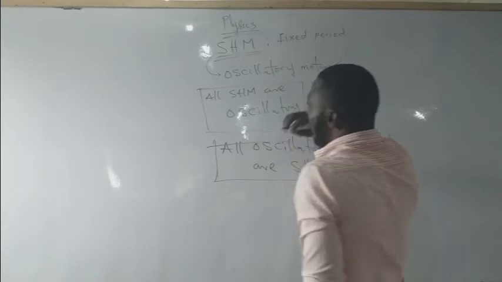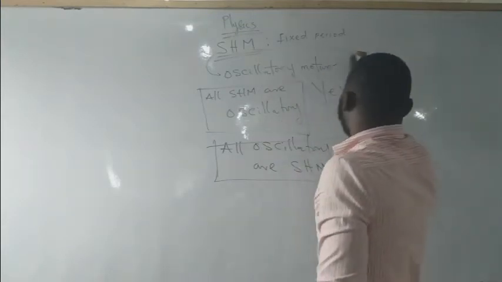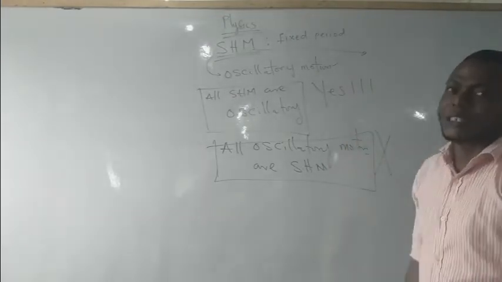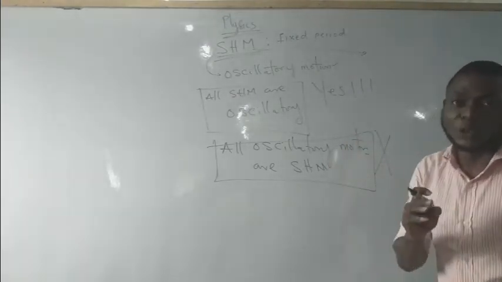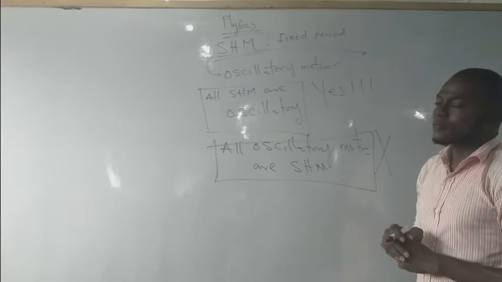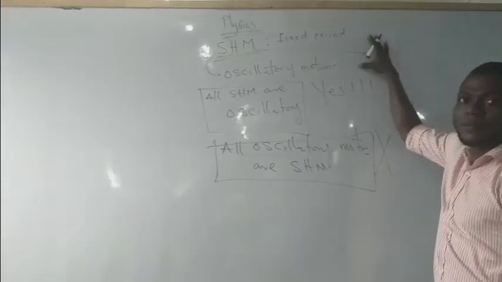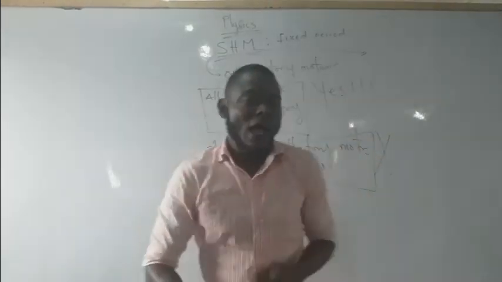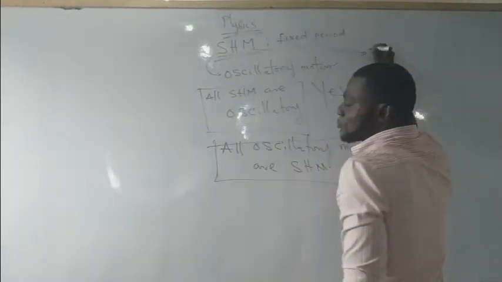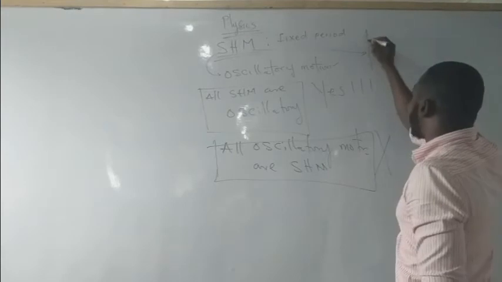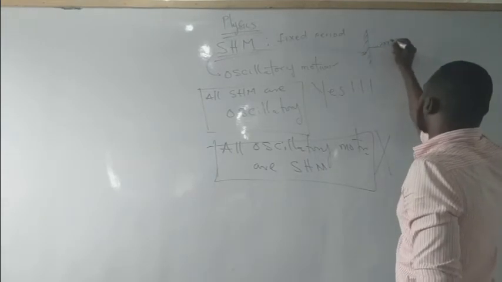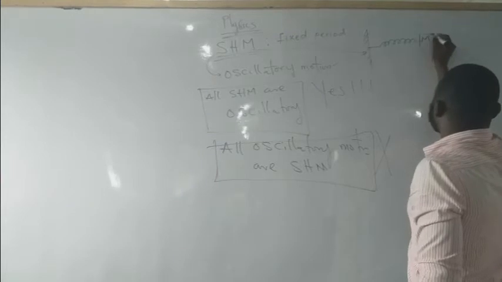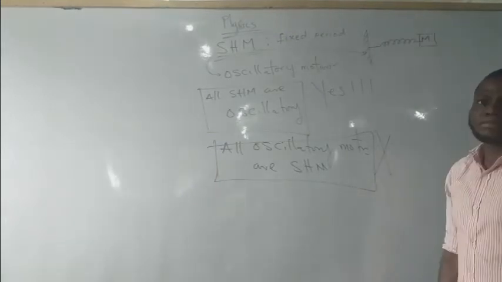Examples of simple harmonic motion: a loaded test tube suspended in water, a simple pendulum, the heartbeat, and a spiral spring loaded with mass.